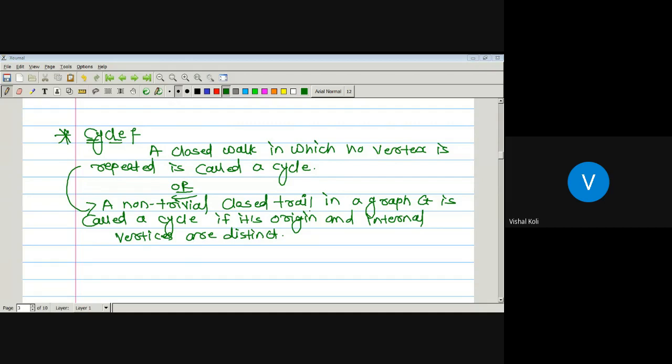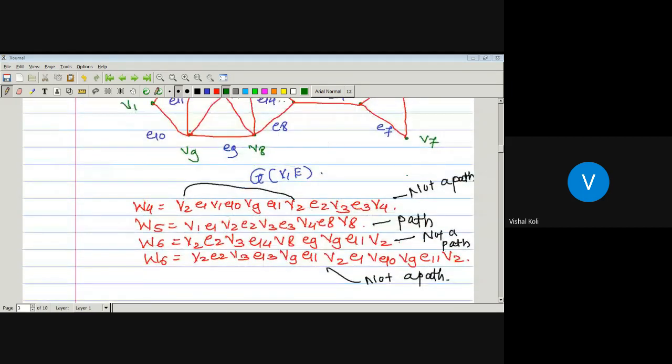Whatever its origin is must also be its terminus, since it is closed, so its origin, terminus and internal vertices are distinct. That is, it is nothing but a closed walk in which no vertex is repeated, and it is called a cycle. So now from this one, tell me whether W4 is a cycle or not.